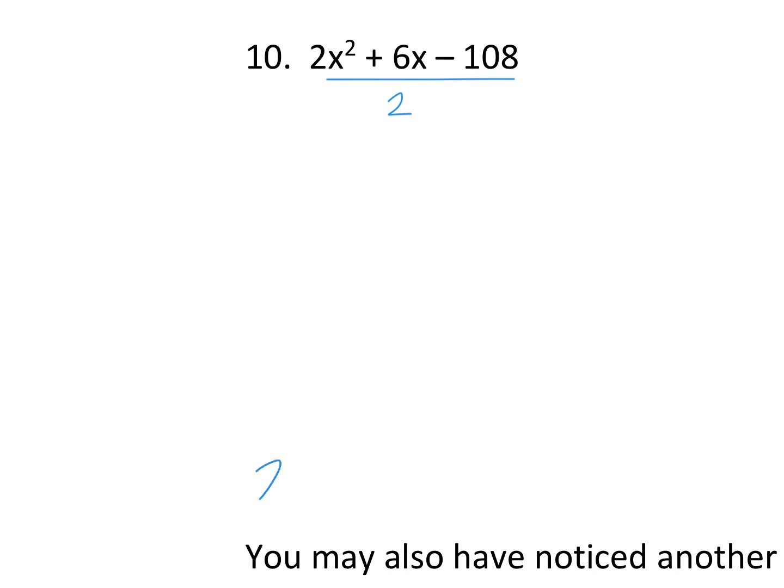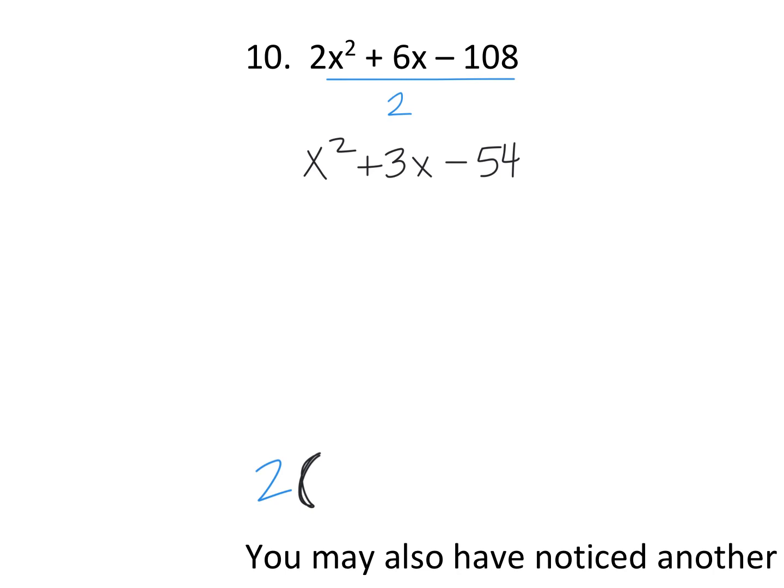So your final answer needs to look like this: 2, and then you will have parentheses, whether it's 1 parentheses or 2, we're going to find out. At the bottom of the problem, put 2 and a start of a parentheses so you know something's going to happen here. For now we're going to go ahead and divide out the 2, which would give me x squared plus 3x minus 54.